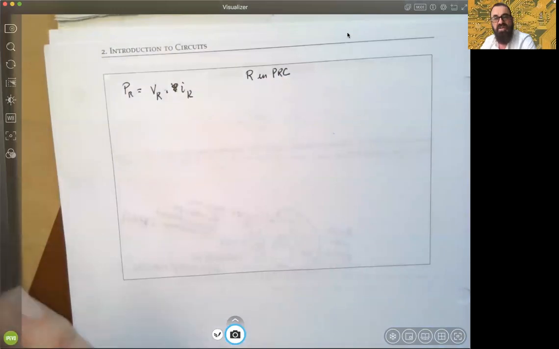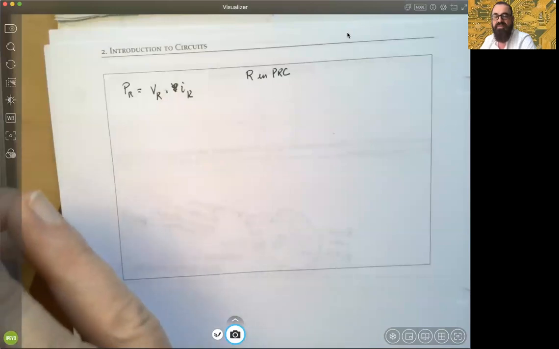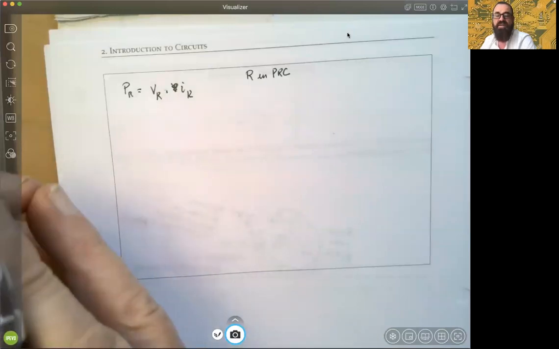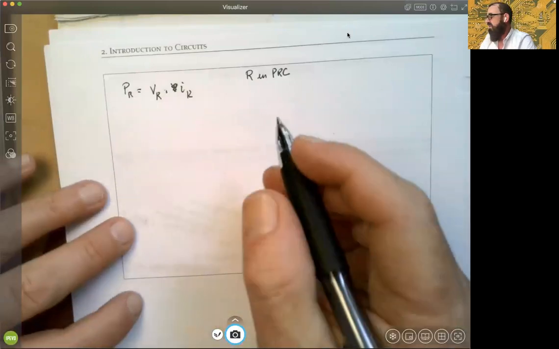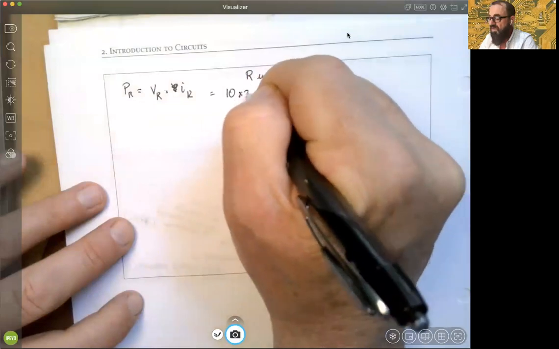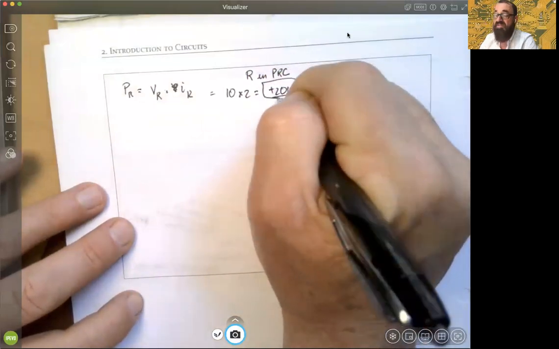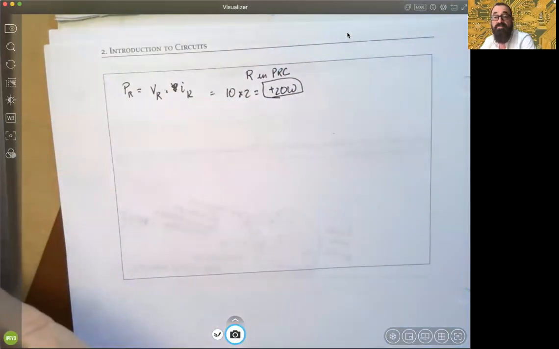So make sure, ask yourself when you do these calculations for power or Ohm's law, are we in passive reference? In this case, yes, because the current flows into the positive voltage pole. So we just plug in the values that we just obtained. It's 10 times 2, and you would get a positive 20 watts. That makes sense because that's going to be the energy absorbed by that resistance, okay?